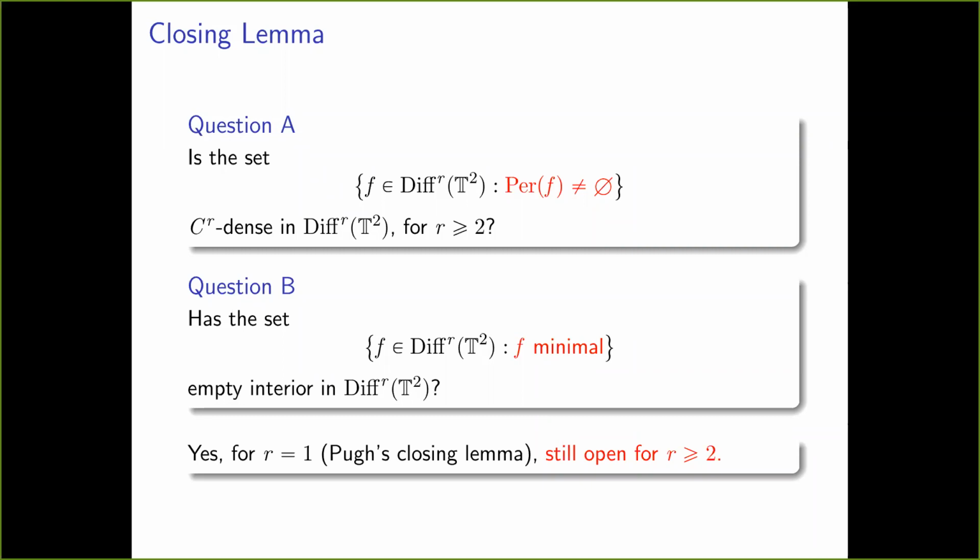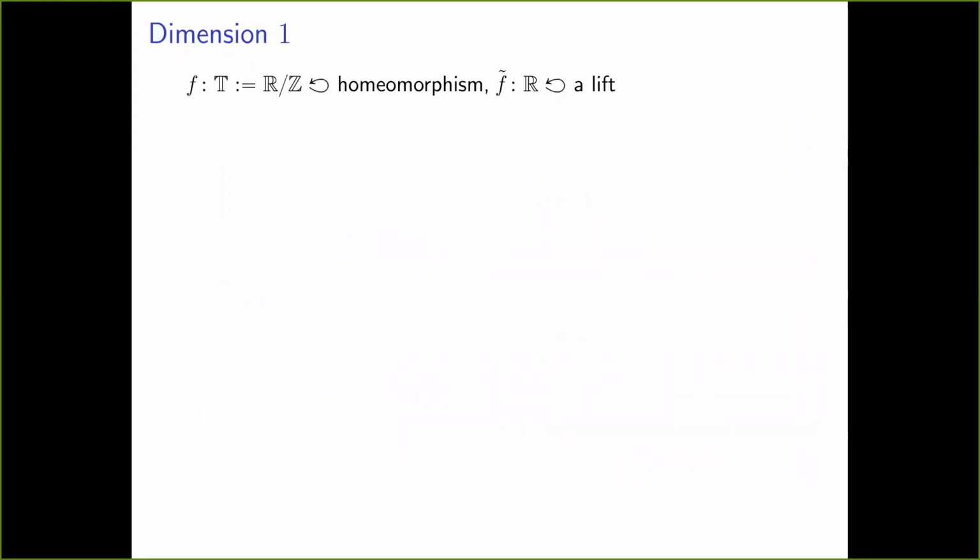I hope it's very well known, which is the one-dimensional case, the circle case. When you want to study homeomorphisms on the circle, usually you go to the universal cover, you consider a lift. And the first thing that you have to do is to recognize which homotopy classes contain periodic point-free homeomorphisms.